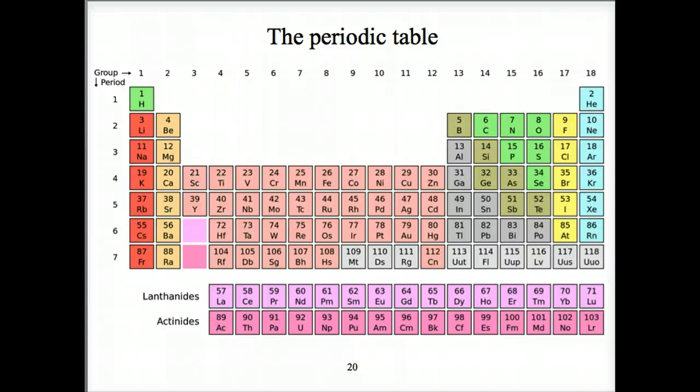Okay, now here's the periodic table as it's all shown in one slide. Again, group 1 through 18 going across, and then period 1 through 7 on the way down.